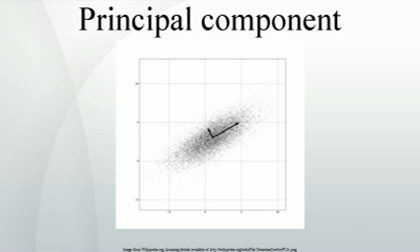Correspondence analysis, CA, was developed by Jean-Paul Benzécri and is conceptually similar to PCA, but scales the data, which should be non-negative, so that rows and columns are treated equivalently. It is traditionally applied to contingency tables. CA decomposes the chi-squared statistic associated to this table into orthogonal factors.